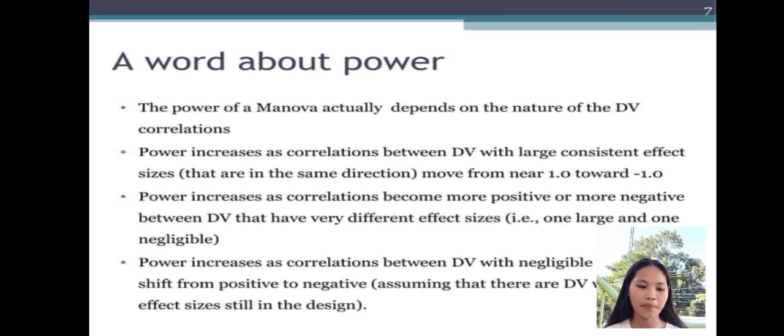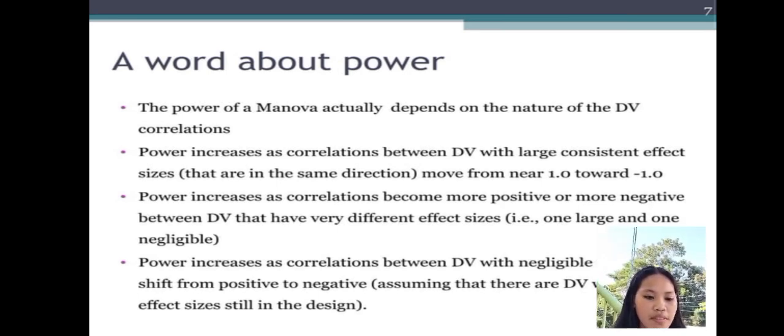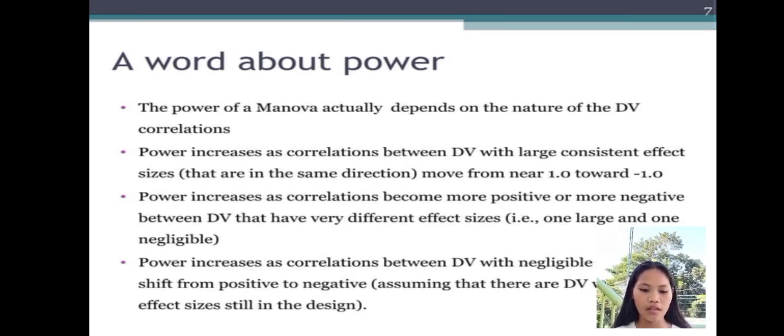Finally, for dependent variables with negligible effect, a shift from positive to negative correlation enhances power, provided other dependent variables with substantial effect are present. Therefore, understanding dependent variable correlations is crucial for interpreting MANOVA results and assessing its power.